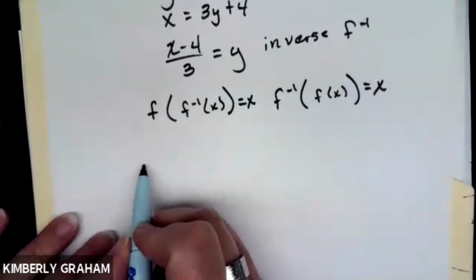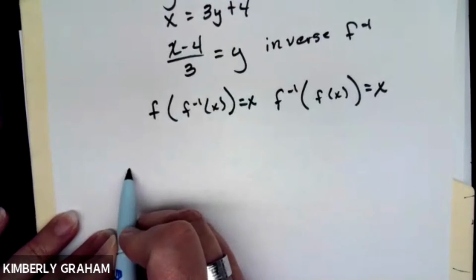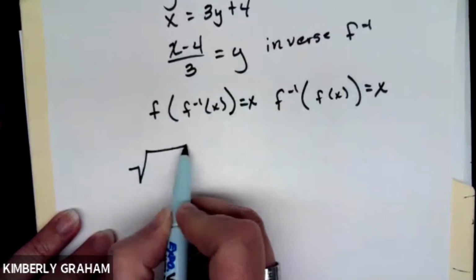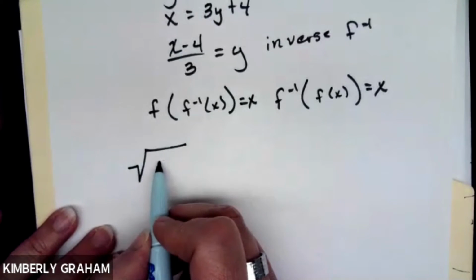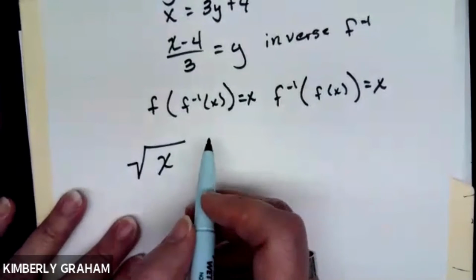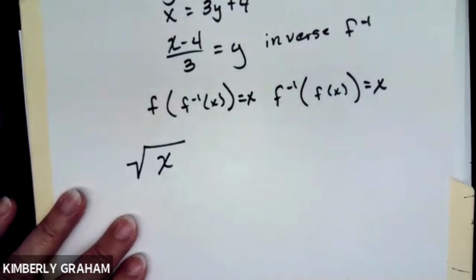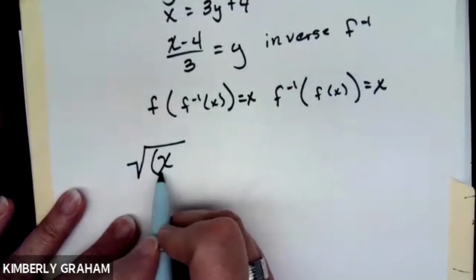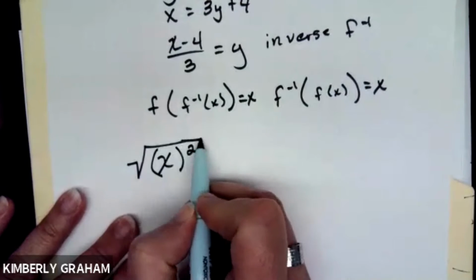And there was a problem that we did in intermediate algebra where we weren't really talking about functions so much as we were just talking about simplifying radical expressions. And I wanted to look at simplifying this.